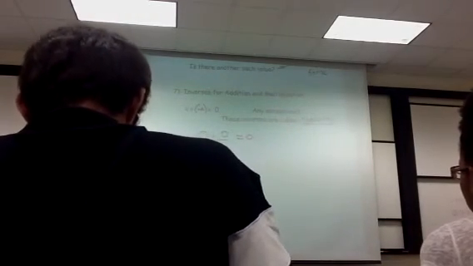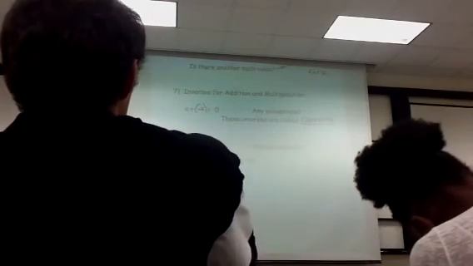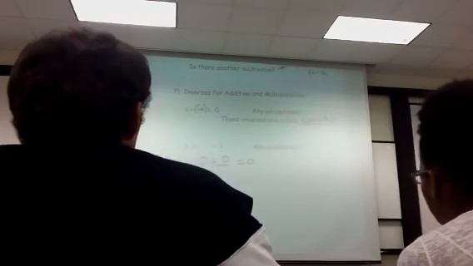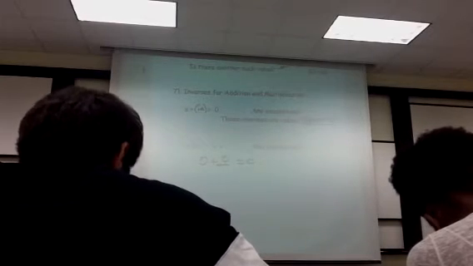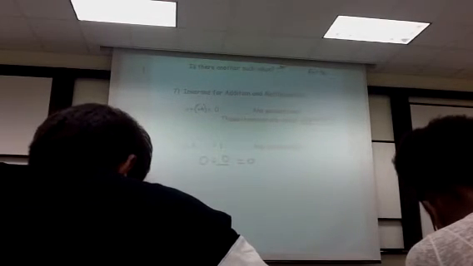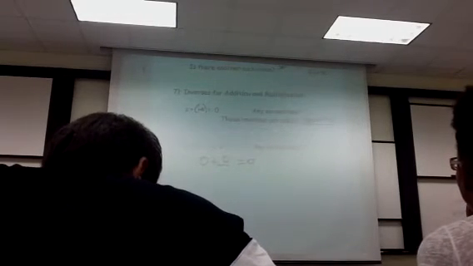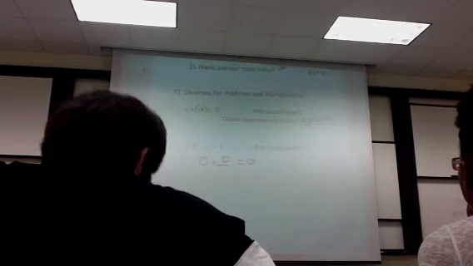Let's look at the inverses for multiplication. This is a little bit sticky. It says for every real number A, there's a number I can multiply it by and end up with the identity element for multiplication, which of course is 1.